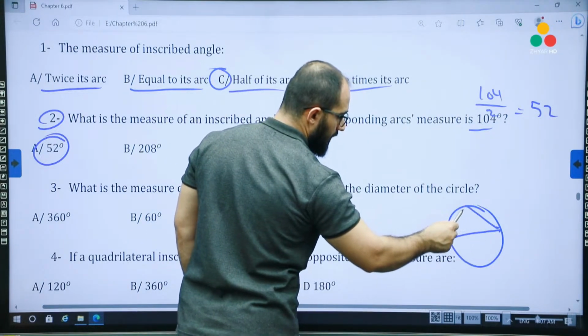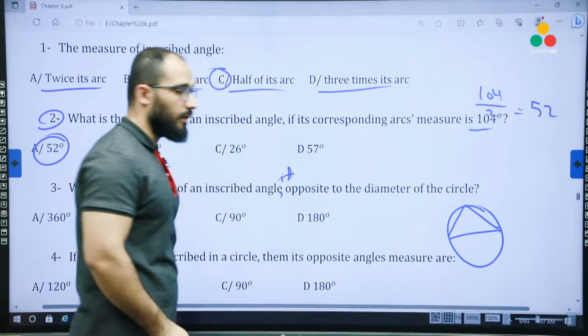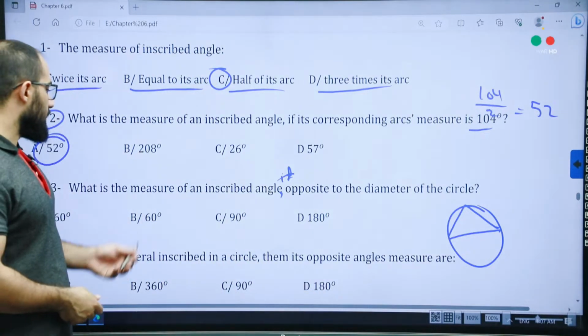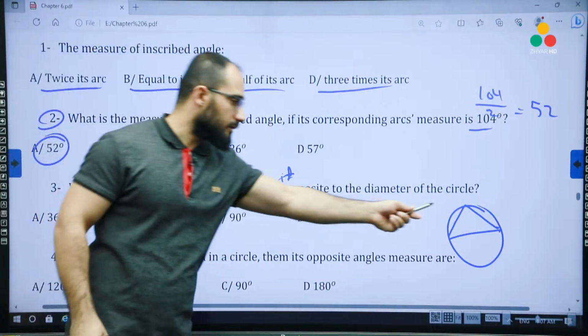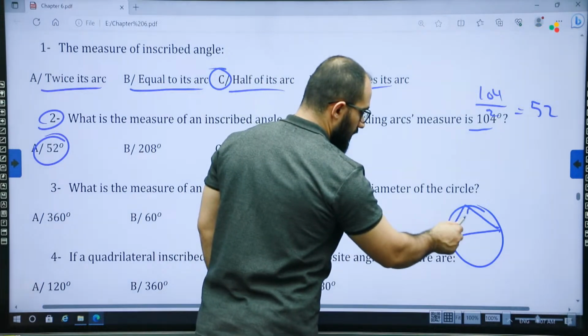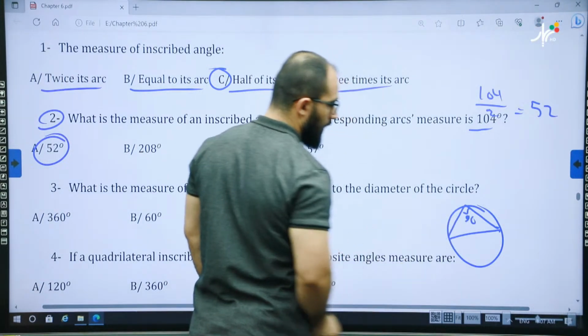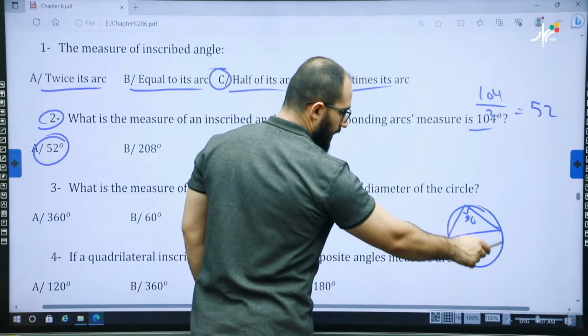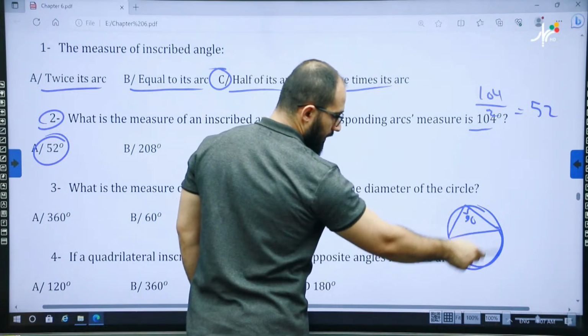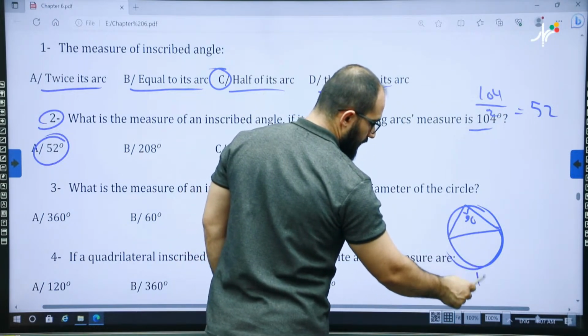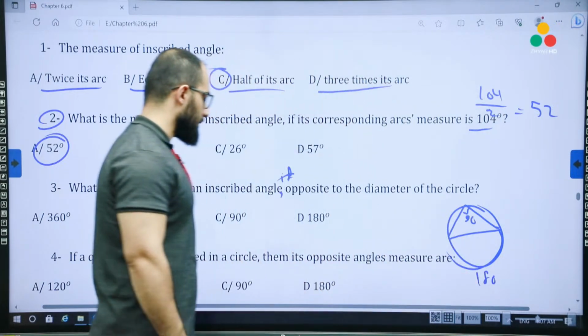This is the angle opposite to the diameter. We explained that before. Inscribed angle opposite to diameter, it is 90. How did we know that? Because the angle is half of the arc. It means it's 180 divided by 2, it is 90.